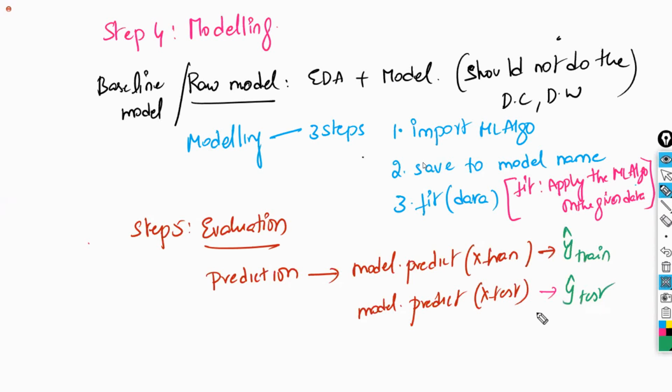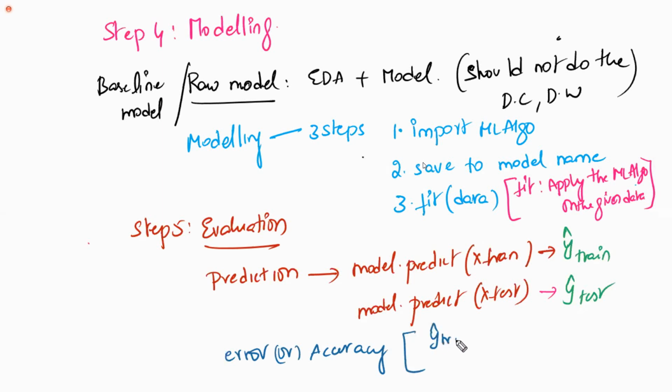Now once the prediction is done, sorry, not step 6, step 5 only. You are going to continue with the last part, which is calculating the error or accuracy, any one. You have to calculate the error between y_pred_train versus y_train.